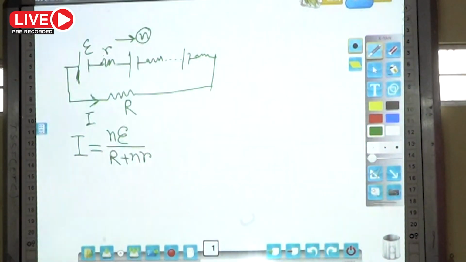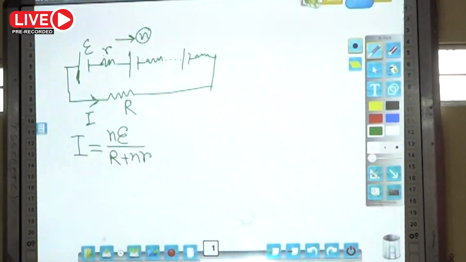N. So total EMF means NE in series, and total internal resistance is N into small r. But N into small r can be considered to be in series with capital R. So the total resistance of the circuit will be capital R plus N into small r. So total EMF by total resistance will give you the current.